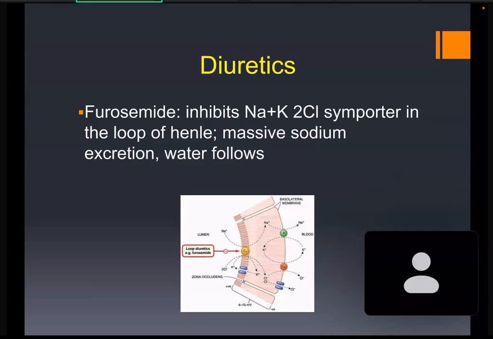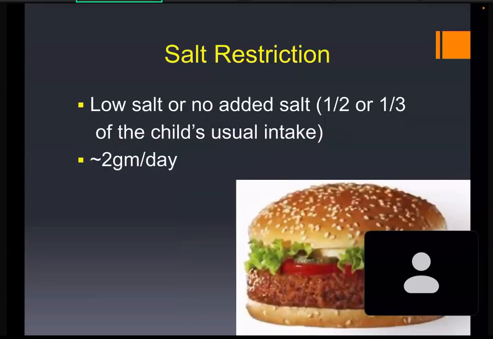If you block this particular symporter, there's massive excretion of sodium. And we know that where the sodium goes, the water follows. So you remove the fluid at the same time.